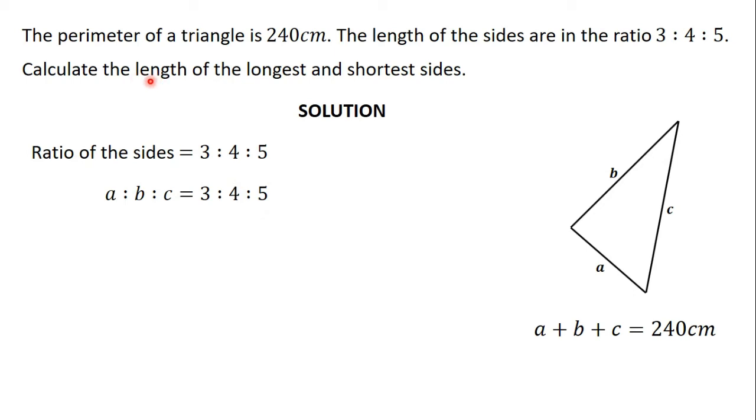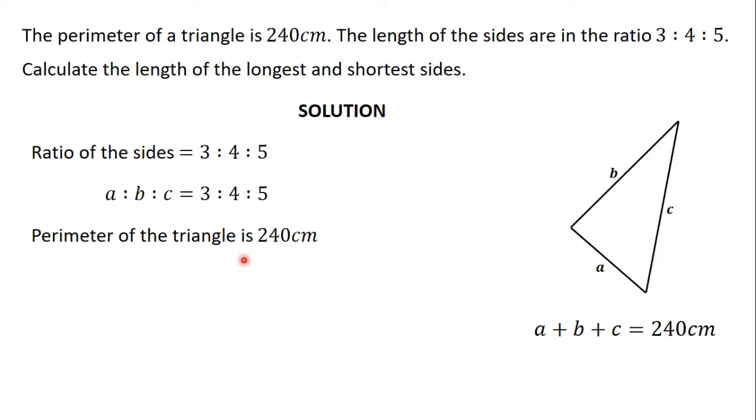The question wants us to find the length of the longest side and the shortest side. The longest side is C and the shortest side is A.